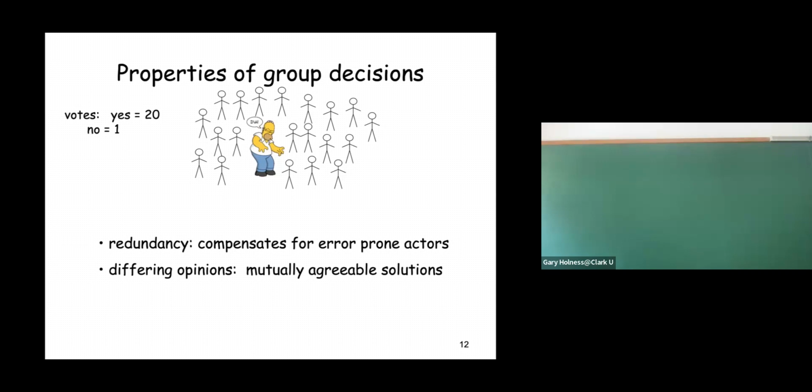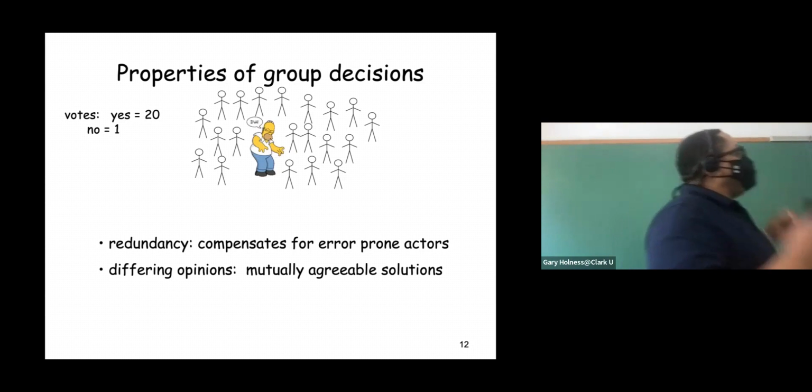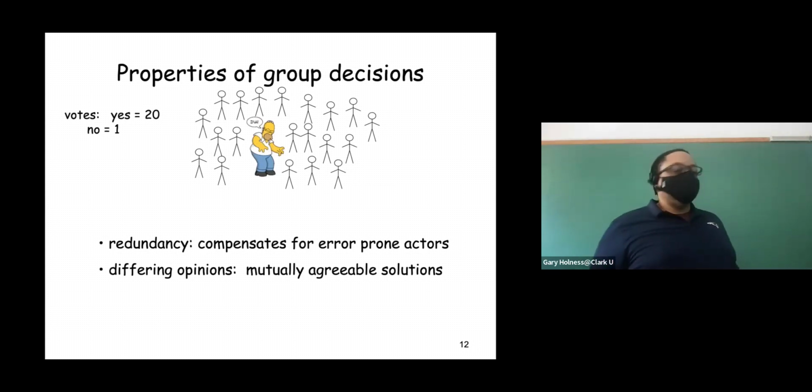The other thing is that when you have different people in a group contributing to some judgment or outcome, the process of arriving upon a mutually agreeable solution is very applicable to a wider variety of circumstances. So you get more agreeable solutions. You get solutions that apply well to multiple scenarios versus just one person's life experience. Does that make sense? Okay.